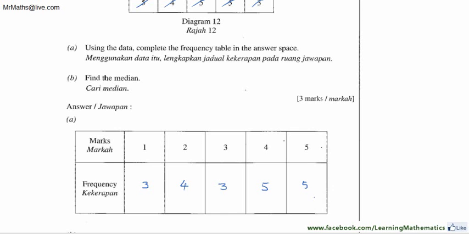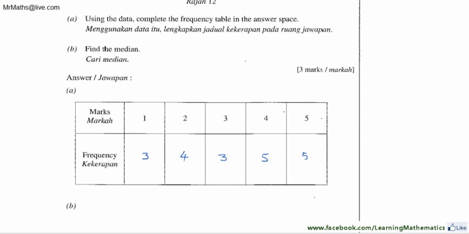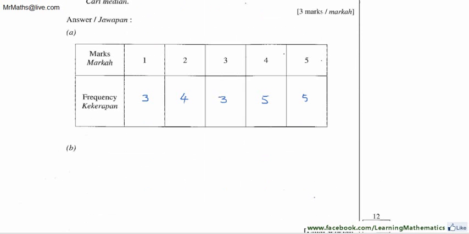Median is the middle value, okay? We probably need to have cumulative frequency here. If I add cumulative frequency in this table, then this is 3. 3 plus 4 is 7. 7 and 3 becomes 10. 10 and 5 becomes 15.